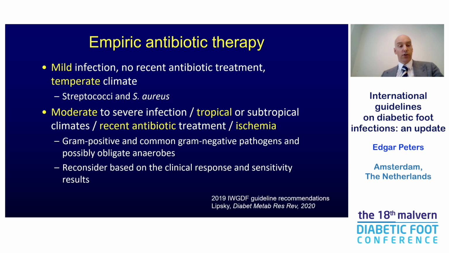And of course, in both cases, you have to reconsider based on the sensitivity report of the culture and based on clinical response. And these sensitivity results are hopefully then based on a deep tissue biopsy and not superficial swabs.